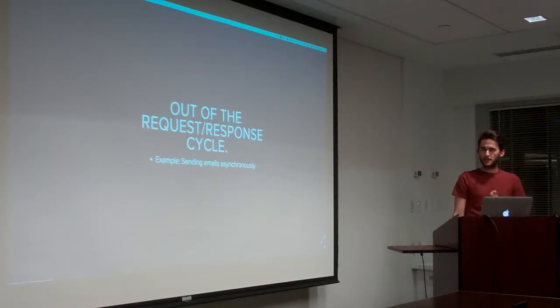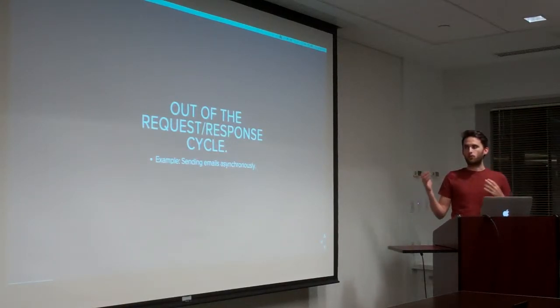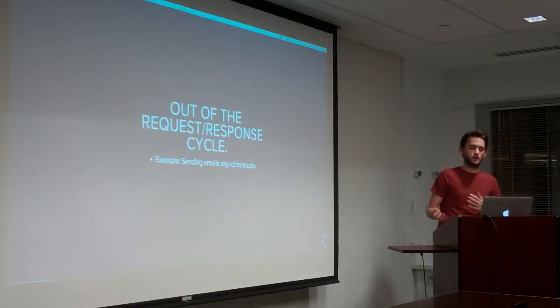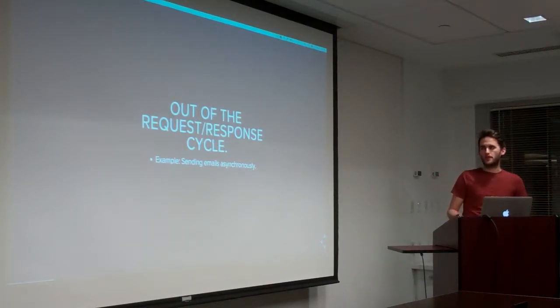If this happens inside the request-response cycle, they send their form to your web server, and then it has to go off to the SMTP server, or maybe you're using an HTTP API to send out your email, and that should take a couple of seconds before it gets sent out. Even worse, if that API is down, then the web response will return an error, and that's something maybe you don't want to happen.